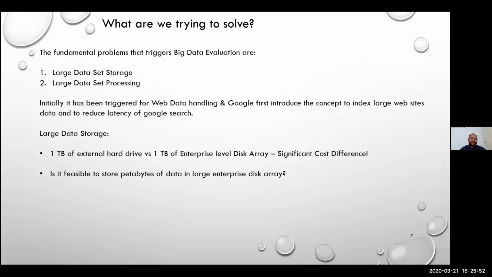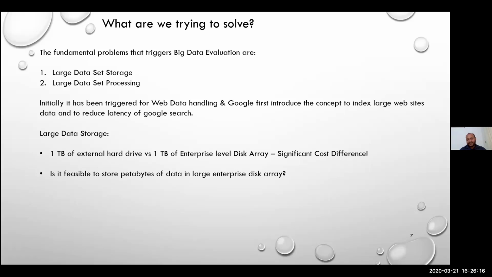For example, a 1 terabyte external hard drive that we use regularly, even university students know, costs mainly around 5,000 in Bangladeshi taka. But 1 terabyte of an enterprise disk array would be 1 million plus taka.